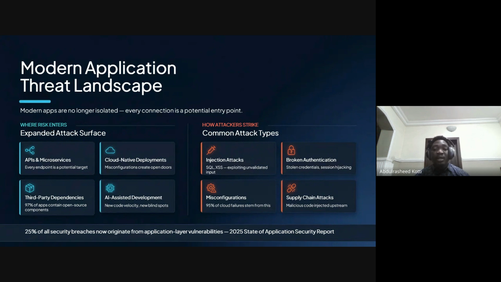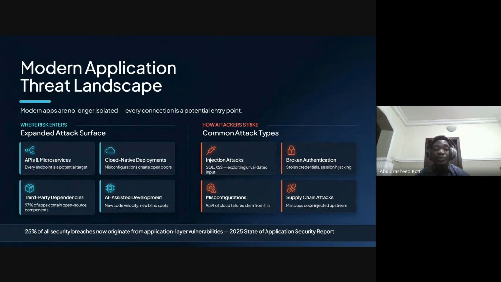They include APIs, and APIs allow different systems to talk to each other. For example, a banking app may use an API to connect to a payment system.